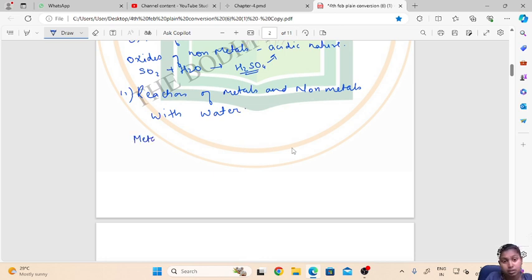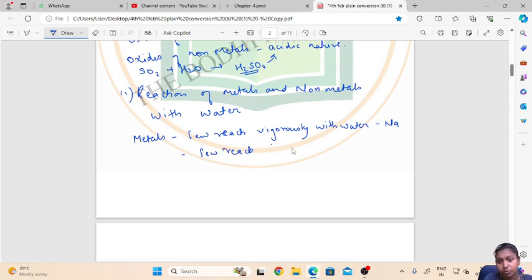Metals, a few react vigorously with water, for example sodium, and a few take time. For example, iron takes a very long time for rusting, so it reacts slowly with water.